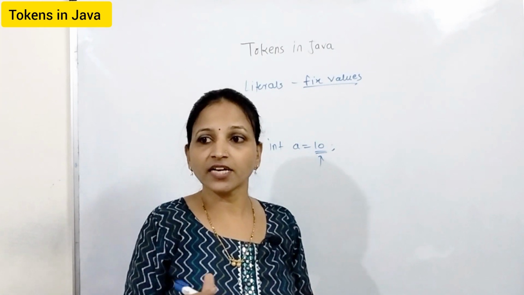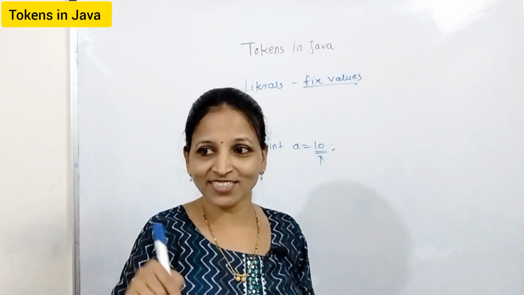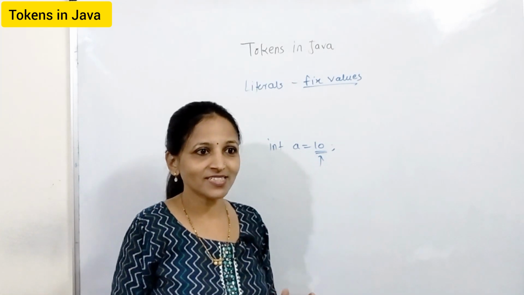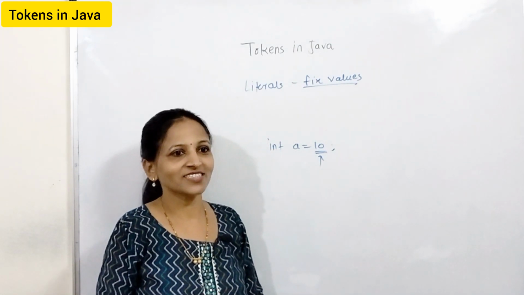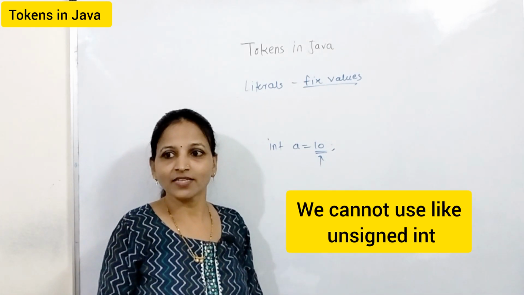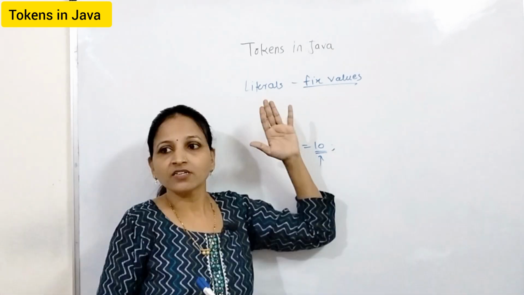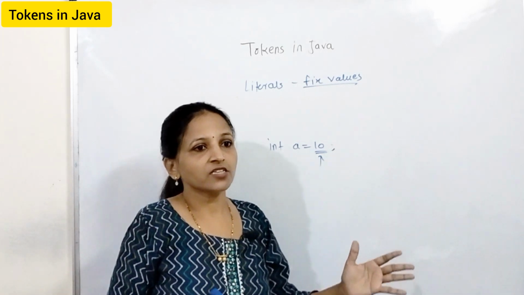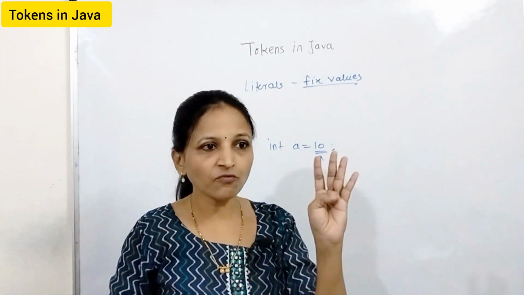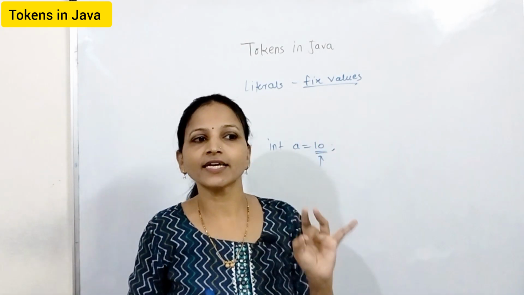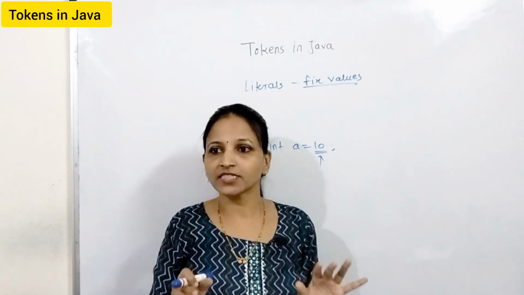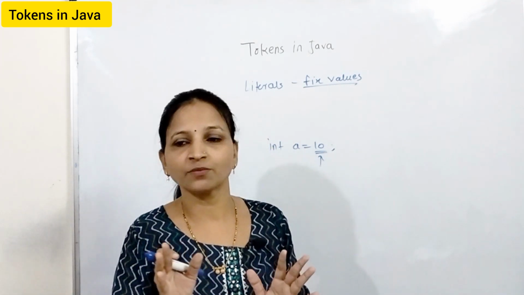There is no unsigned terminology in Java; you cannot write unsigned, all are considered signed. Keep in mind this point. Integer literals can be mentioned in decimal, octal and hexadecimal form. There is no restriction that you always have to use decimal form.